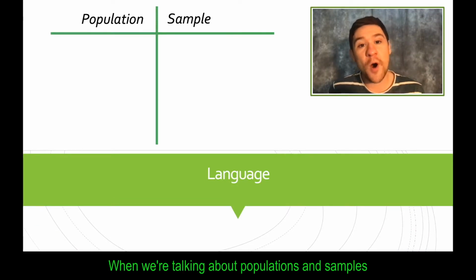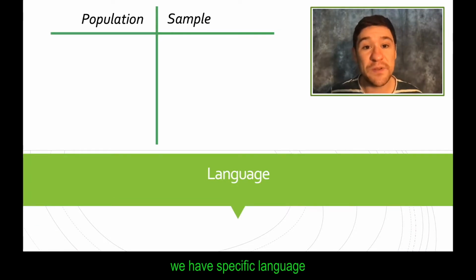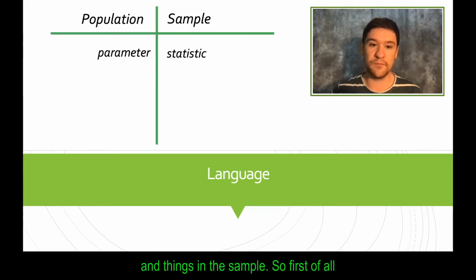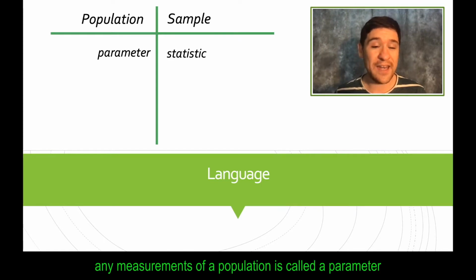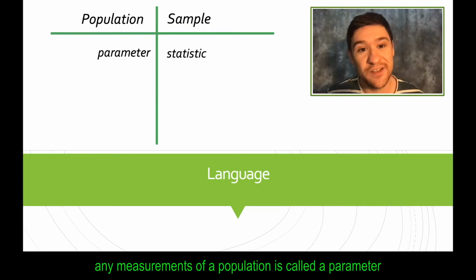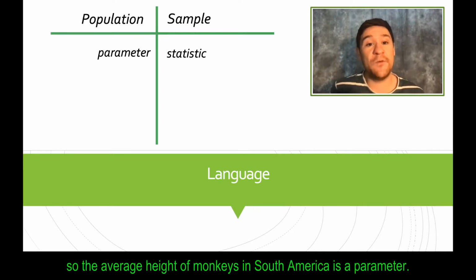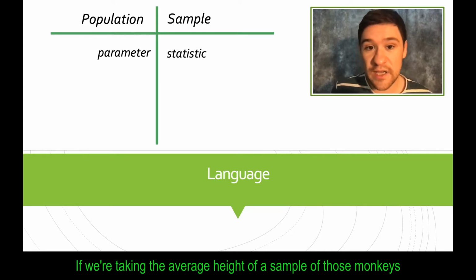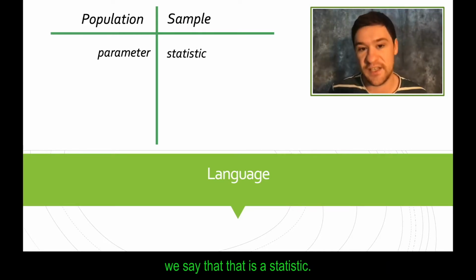When we are talking about populations and samples, we have specific language which we use to separate things in the population and things in the sample. First of all, any measurement of a population is called a parameter. So the average height of monkeys in South America is a parameter. If we take the average height of a sample of those monkeys, we say that that is a statistic.